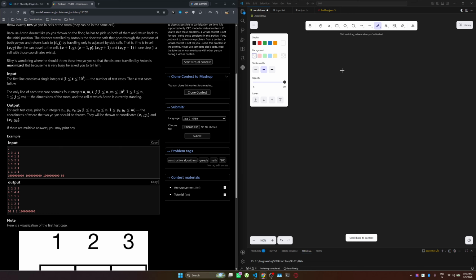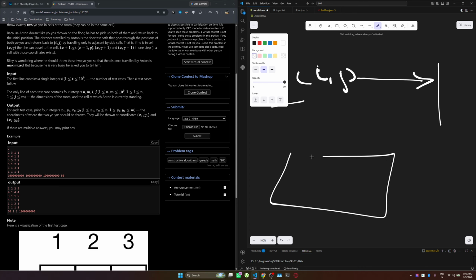So the problem now is we are given a position in the grid, i and j, and we need to figure out how far left or right to the boundary we are. Like we need to figure out where we are in the grid so that we can figure out which is the furthest away cell from that position, right?